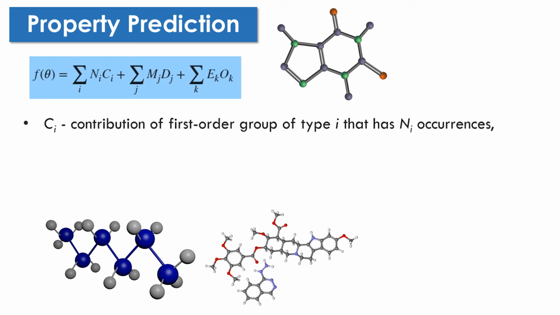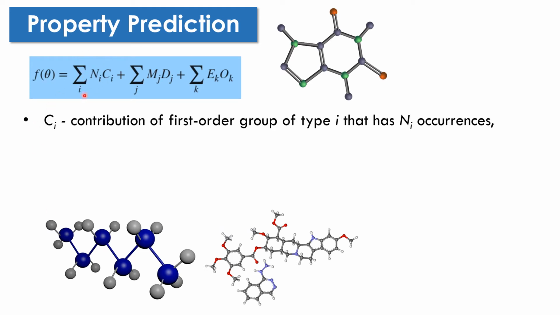On the right side, the first term is the summation for the first order group. Ci is the contribution of the first order group of type i that has Ni occurrences. So i can be CH3, OH, CH2O, right?